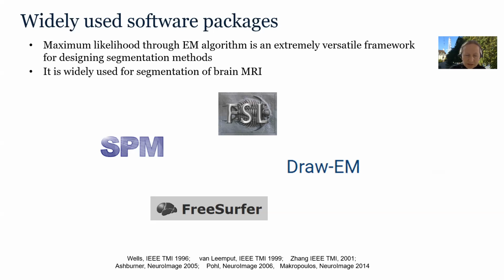It has been the state of the art until deep learning arrived, and now it's a question whether it still is. I would say that for application to adult brain MRI, it probably will remain a mainstream approach and will not be completely replaced by deep learning.